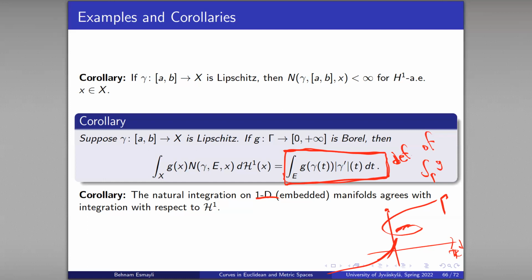Long story short, you end up with a notion of defining the integral of functions on one-dimensional Riemannian manifolds. Then according to this theorem, this equals this notion. Because multiplicity is also 1, now what you have proven is that this notion of integration coincides with just integrating with respect to the Hausdorff-1 measure. And that's already an interesting fact.